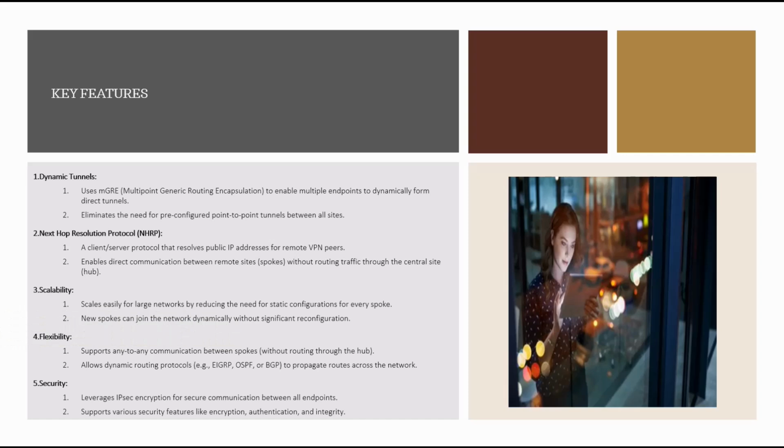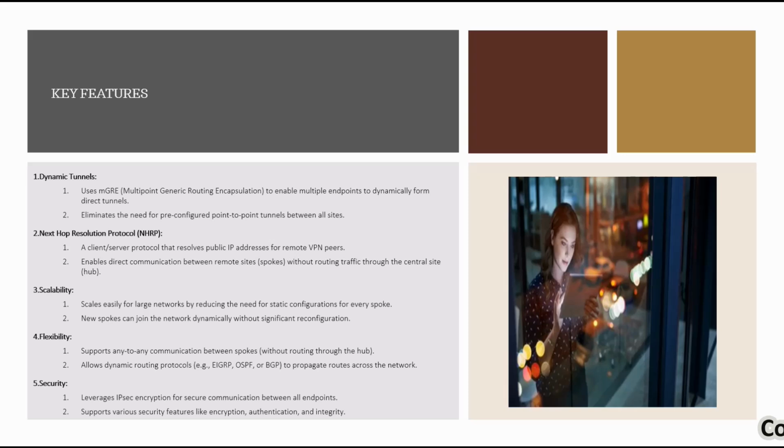It also enables direct communication between remote sites, which are spokes, without routing traffic through the central site, which is the hub. Now, scalability. DMVPN scales easily for large networks by reducing the need for static configuration for every spoke. New spokes can join the network dynamically without significant reconfiguration.